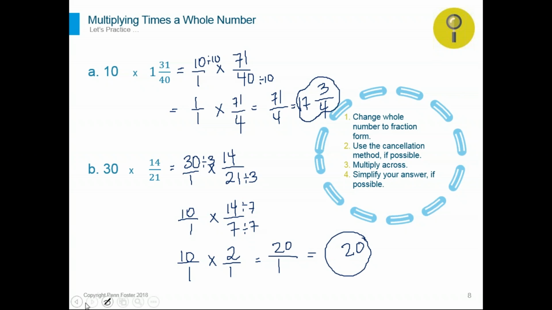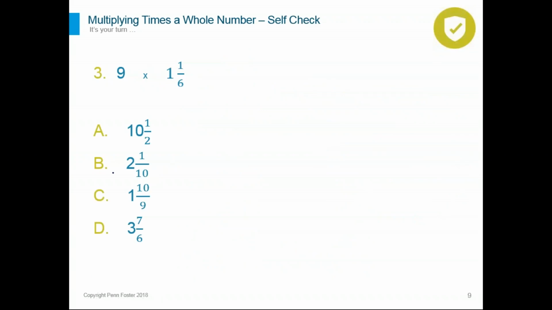Okay, as you know, there is a self-check question on this topic. 9 times 1 and 1 over 6. Am I going to change the two numbers there or just only 1? And how am I going to change the 9 to a fraction? Do I have to change the 1 and 1 over 6 to an improper fraction or no?